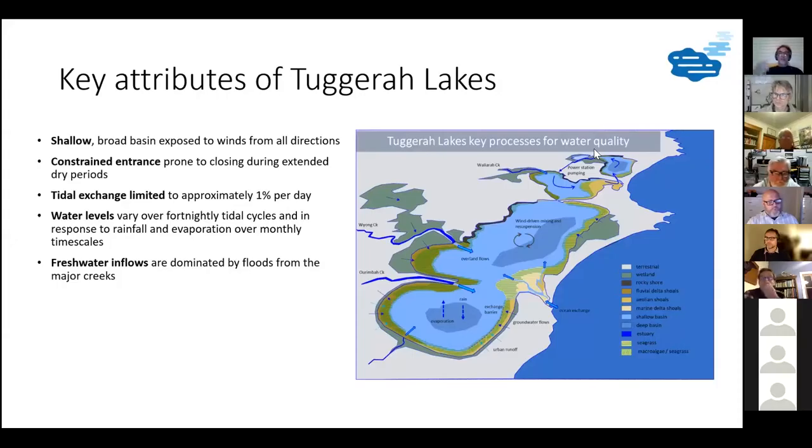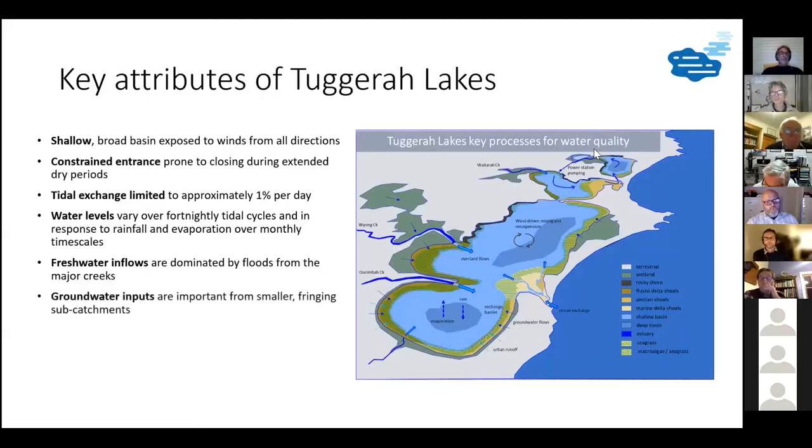If you quantify the total amount of fresh water that comes into the lakes on an annual basis, it's dominated by Ourimbah Creek, Wyong Creek, and Wallarah Creek. Most of that water is actually transported out into the ocean. It tends to skate over the lake basin because it's fresh and the lake is usually salty, so the less dense fresh water forms a lens, which is transported out.